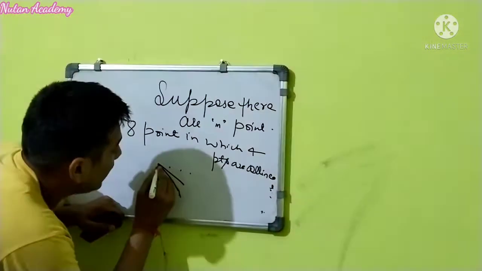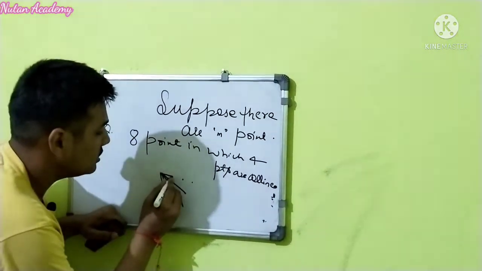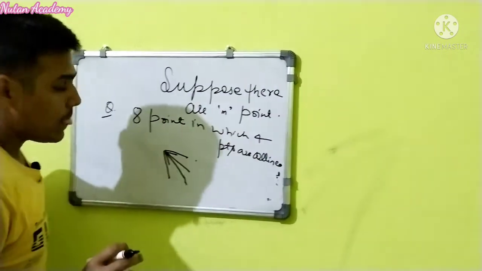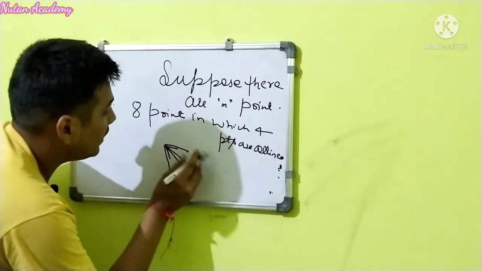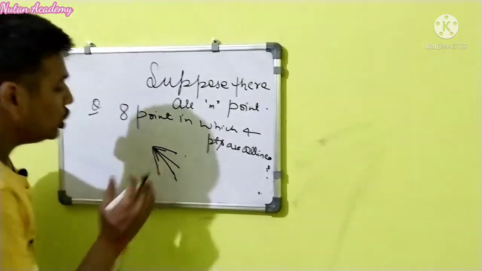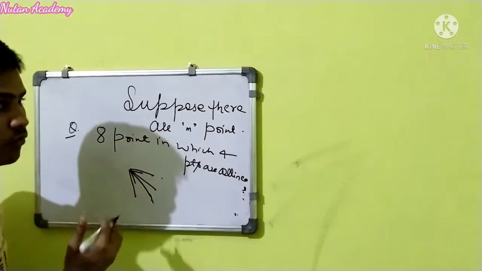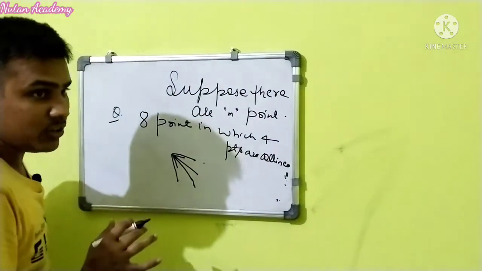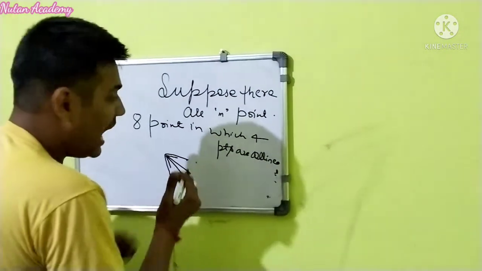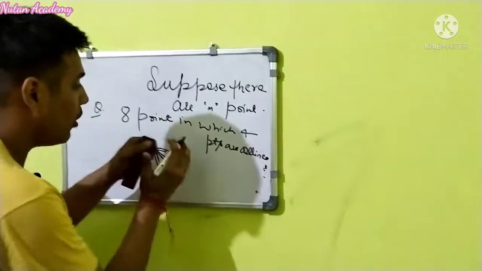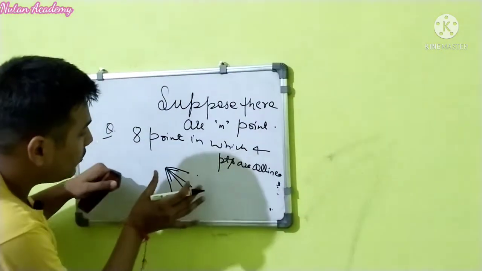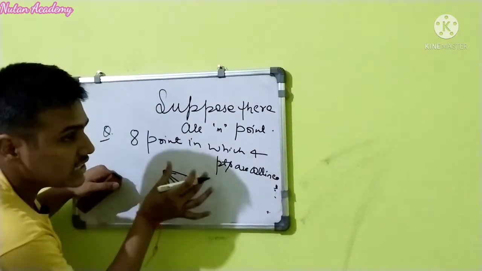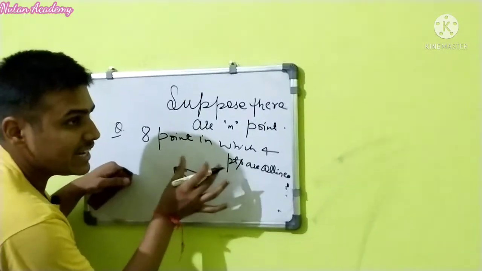Suppose that by joining this point, the first straight line can be drawn, the second this way, but this is not counted as a separate straight line, because if you draw again and again from these collinear points, you will just repeat the same line. So this will not be counted as a straight line. Then how will we calculate this? If you make straight lines from these 4 collinear points, we will not get separate straight lines.